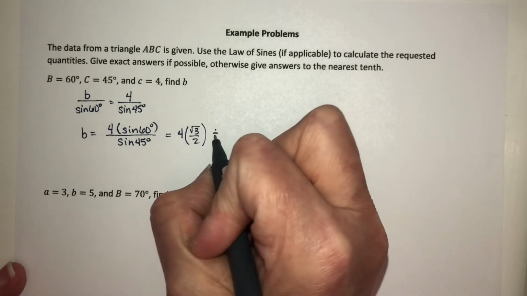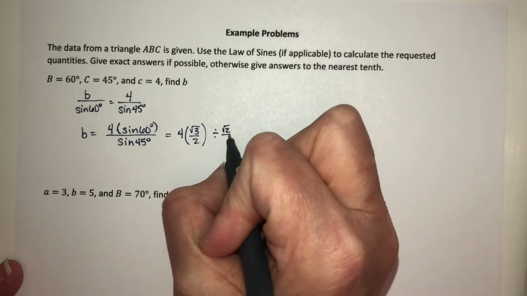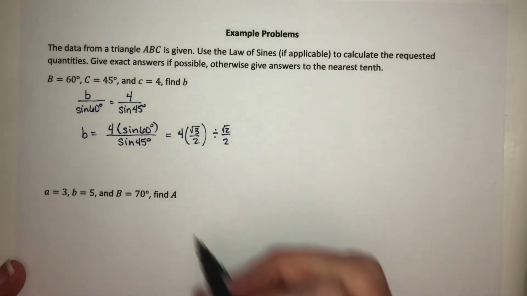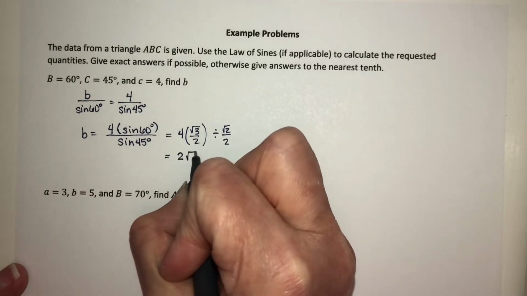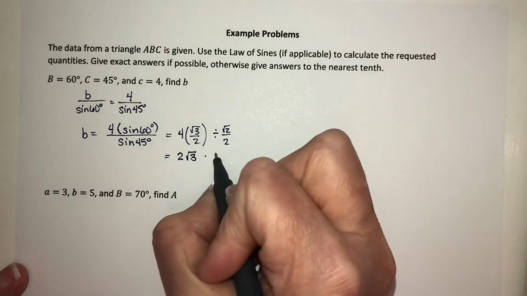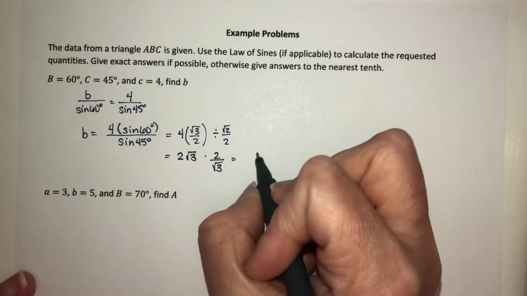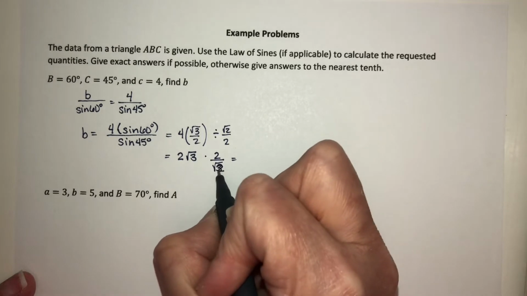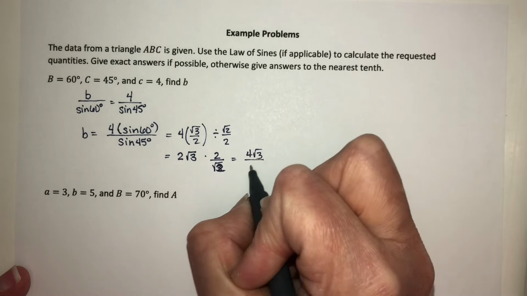And then I'm going to divide that by the sine of 45, which is square root 2 over 2. So this is the same thing as 2 times the square root of 3 times 2 over the square root of 2, sorry. So that is 4 square roots of 3 over the square root of 2.